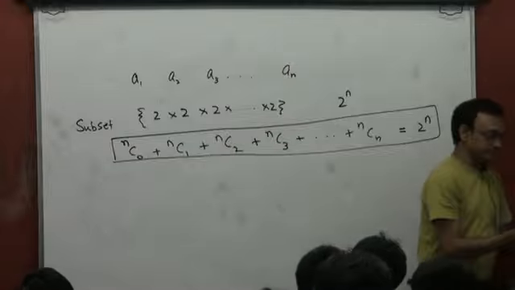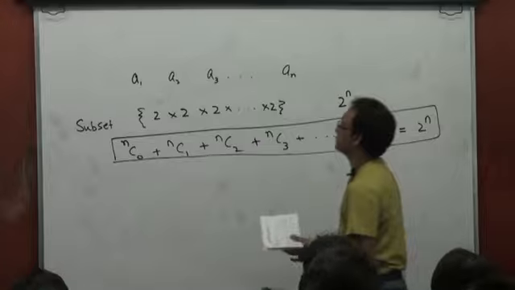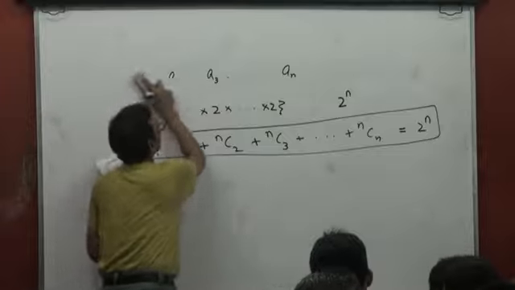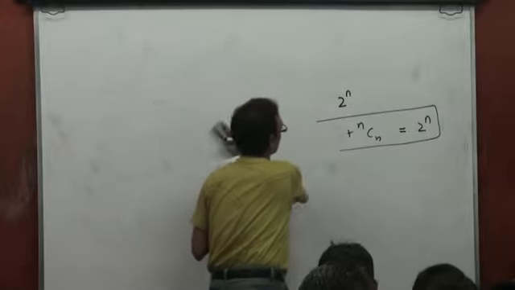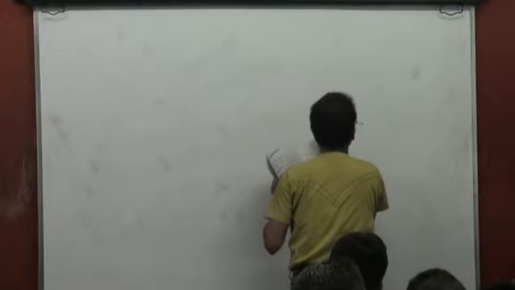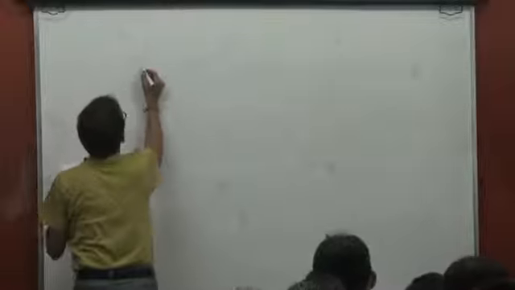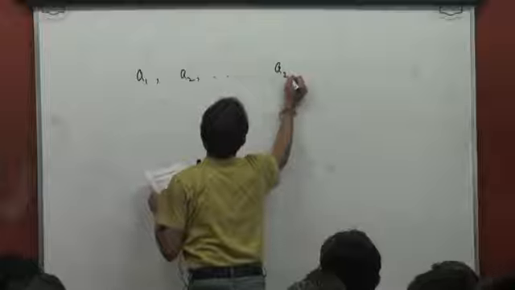Now, come to the next problem. There are 2n plus 1 elements in this case, A1, A2, 2n plus 1 elements.